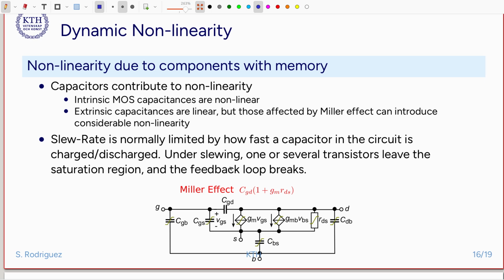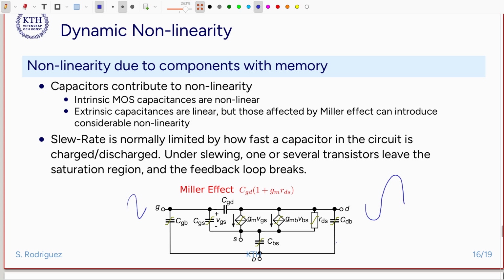One very important detail is that many of the capacitors inside a transistor are intrinsic capacitors that depend on the biasing point, and since their values depend on the biasing point, they are very nonlinear, because these values change depending on the voltage swings, so they are changing all the time.